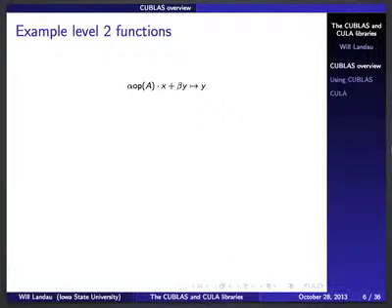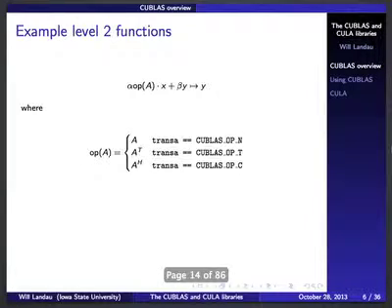So level 2 functions, there are a bunch of them. I'm going to go over 1 or 2, probably just this one. There's this basic vector times matrix times a scalar plus a multiple of another vector. Computations of this form are very common, and this is sort of a catch-all.